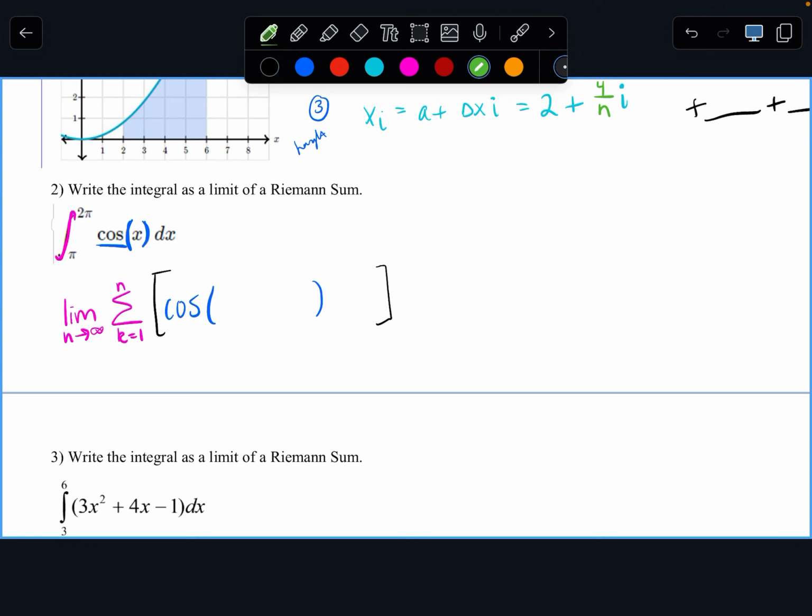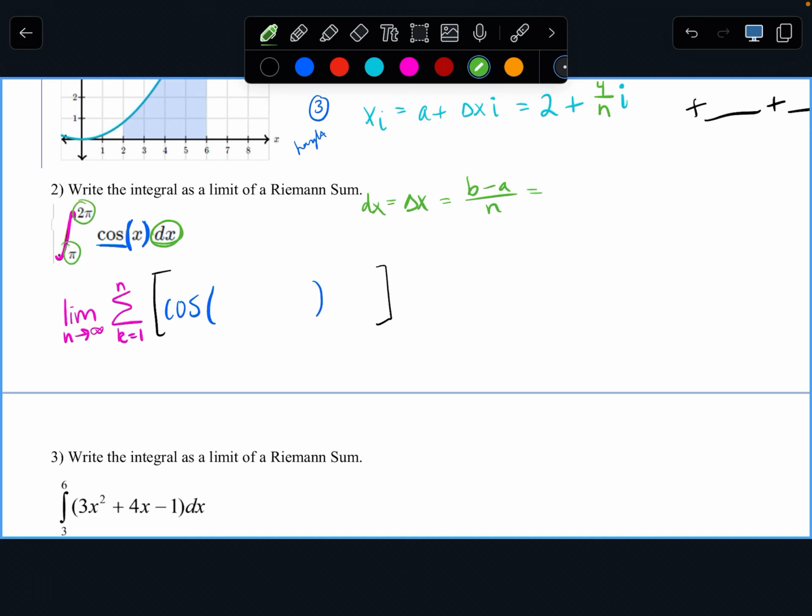Okay. So now, because my x sub i, what goes in for cosine, has to be all fancy, it needs to have the change in x. I'm going to find the change in x, or the dx. So change in x is b minus a all over n.